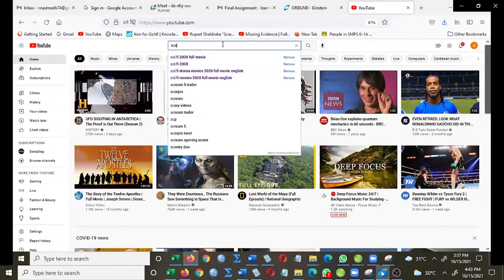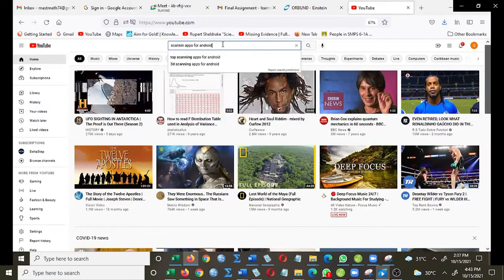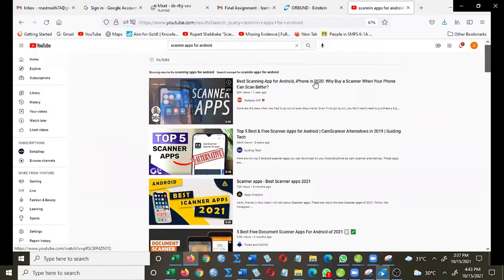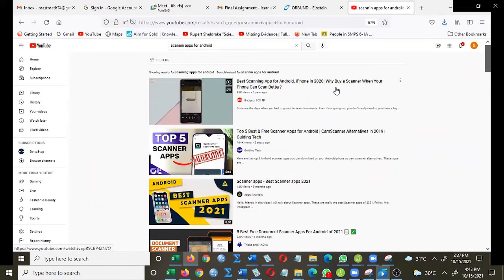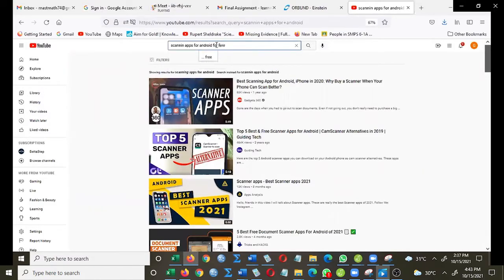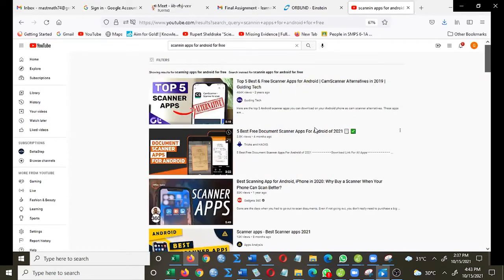Scanning apps for Android. Best scanning app for Android phone in 2020. All right. There must be free ones for trial. Five best document scanner apps for Android.